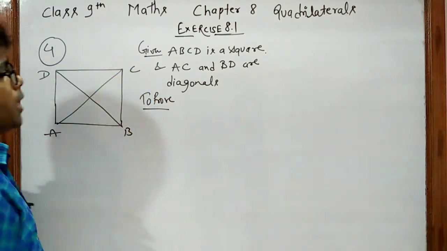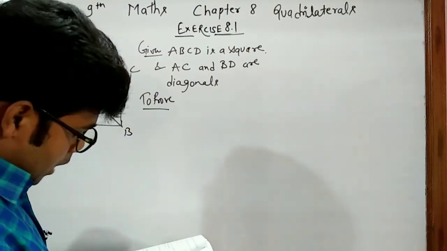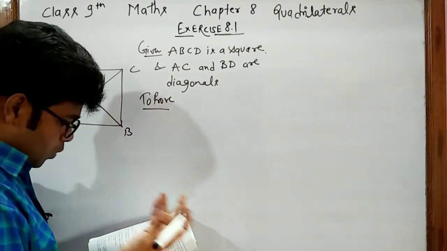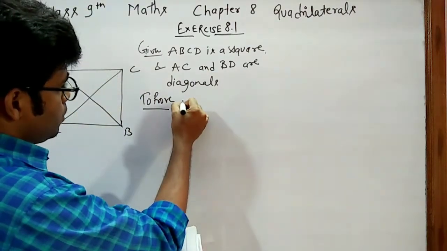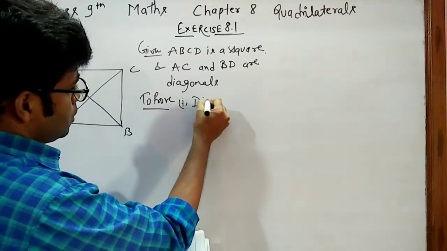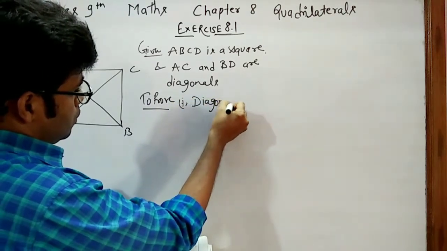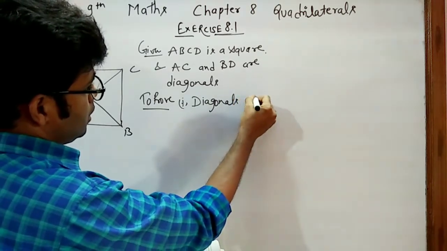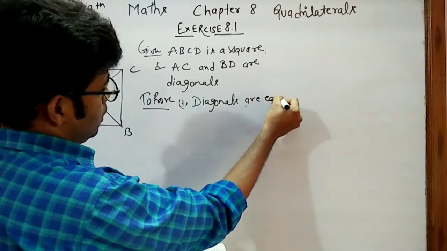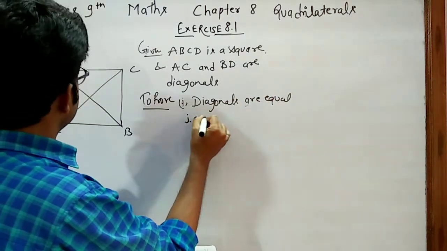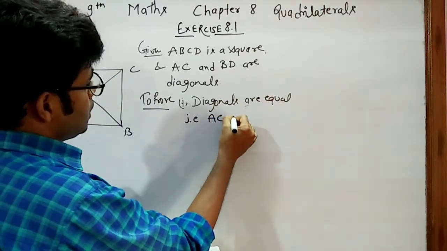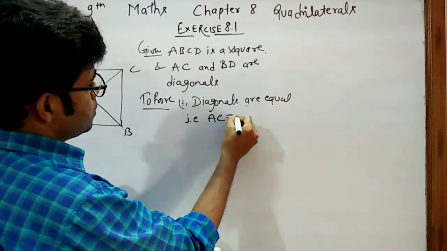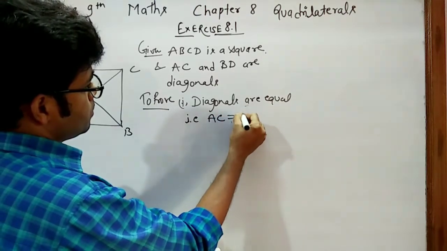First, we have to prove that the diagonals of a square are equal, that is, AC is equal to BD.